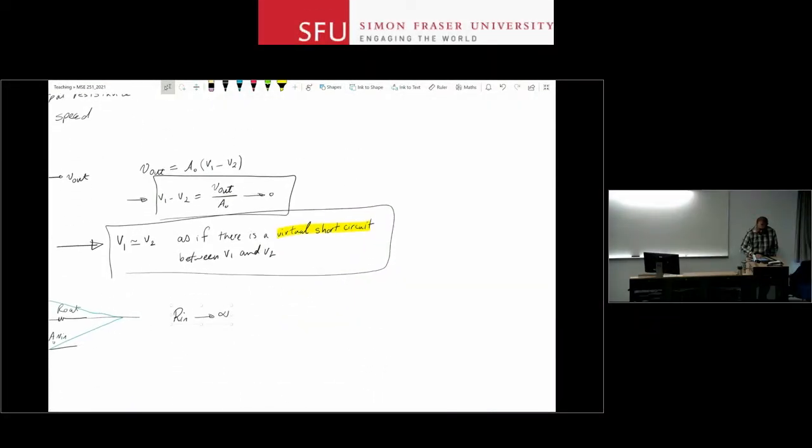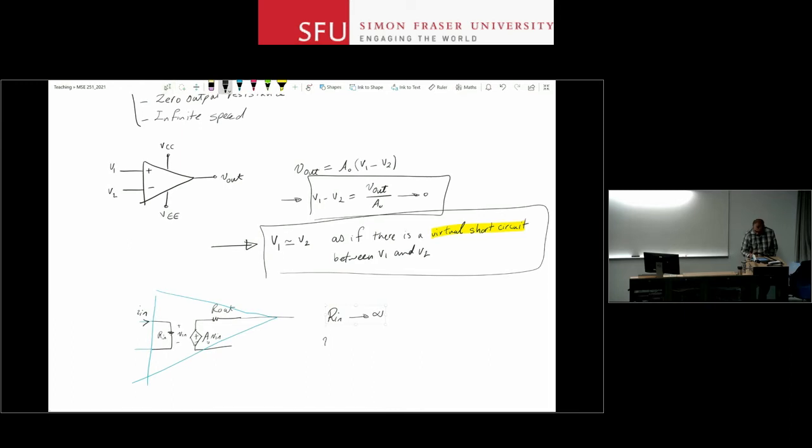Immediately, you can see that I in is 0. If R in is infinite, I can conclude right away that I in must be 0, regardless of the input signal. So as long as my op-amp is in its linear region, I in is 0.